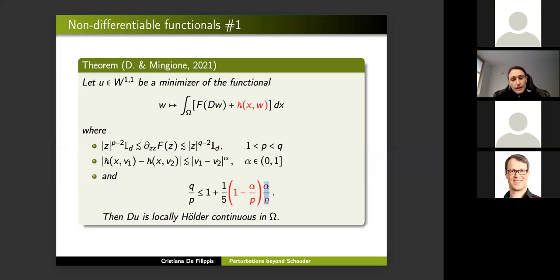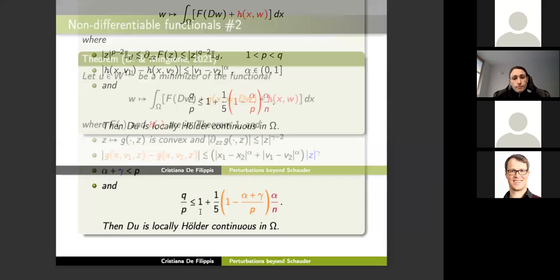We have alpha over n, this one with the power 1, because this is not multiplying the highest order term. And in any case, it takes into account this kind of growth. And again, this component of the bound accounts for the presence of H. And also in this case, the gradient is locally Hölder continuous under these conditions.